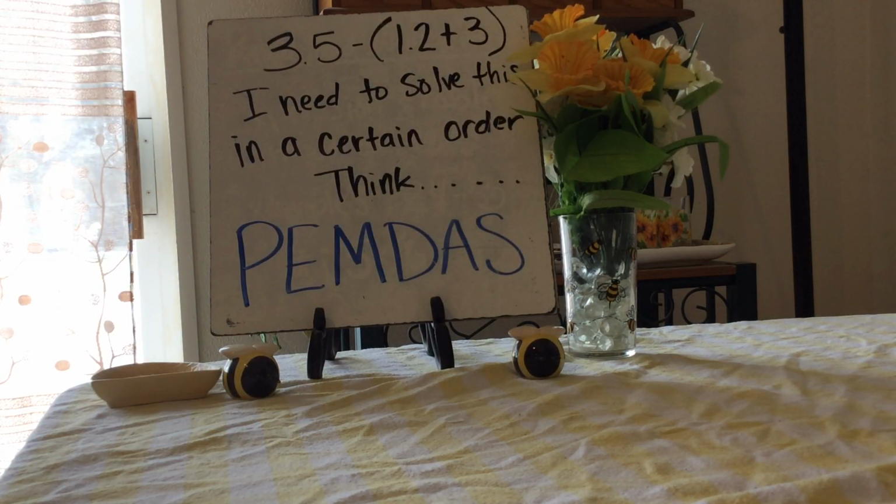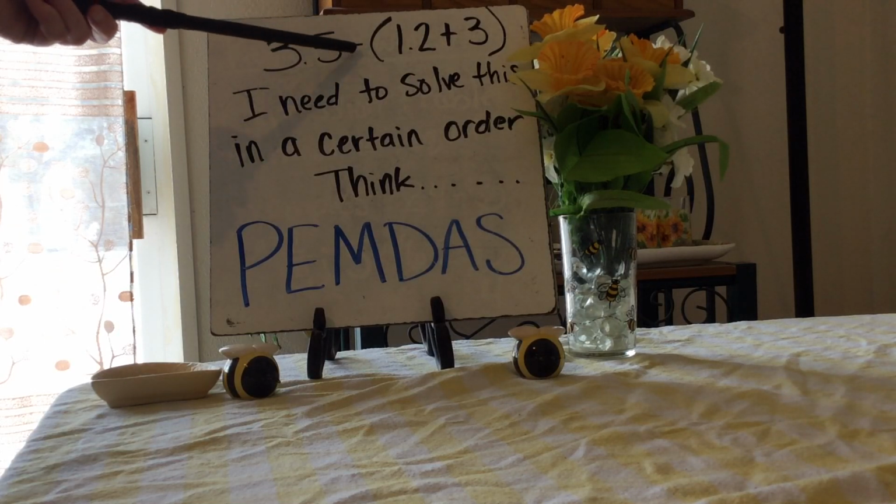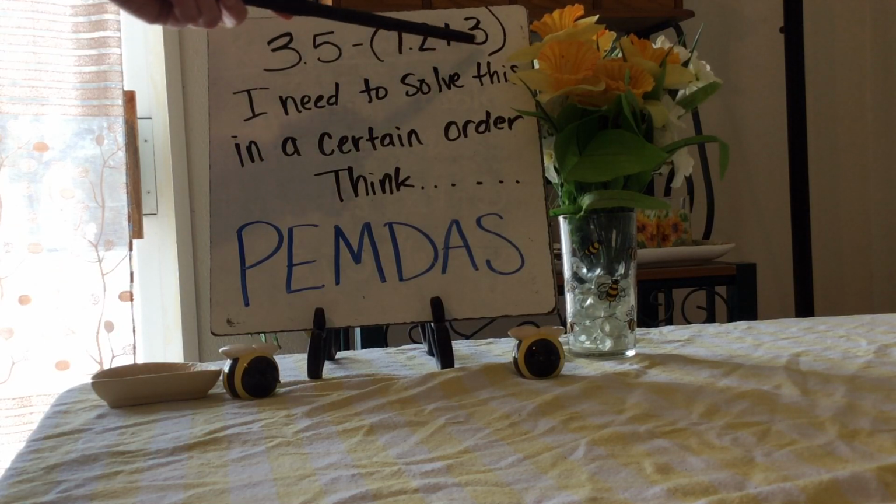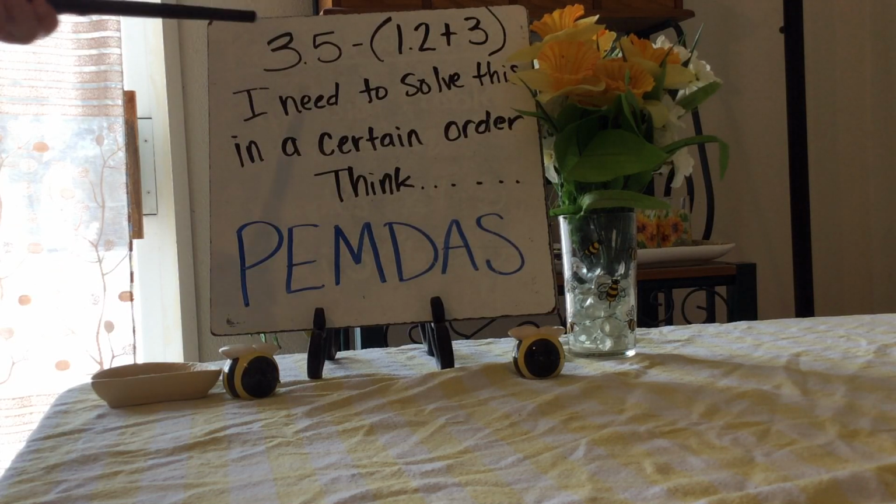So if I have an expression like 3.5 minus 1.2 plus 3, I need to solve this in a certain order. I can't just start from the beginning and work my way over. The rules of math tell us there's a certain way that things need to be solved, and that is order of operations.